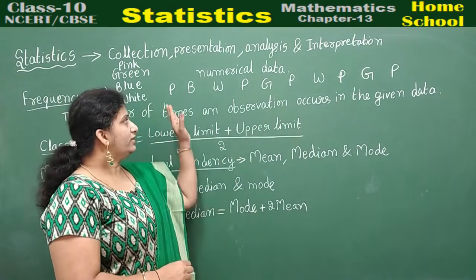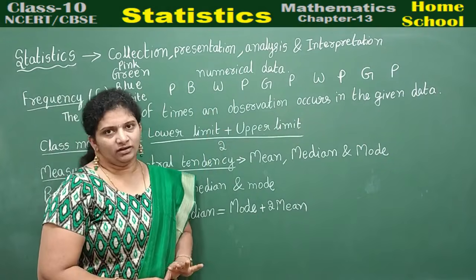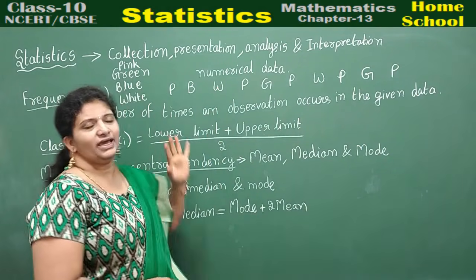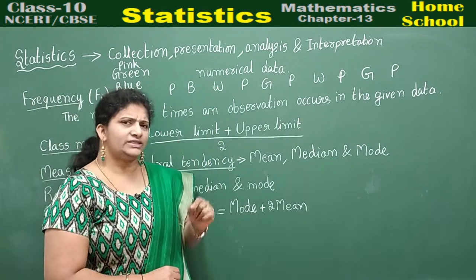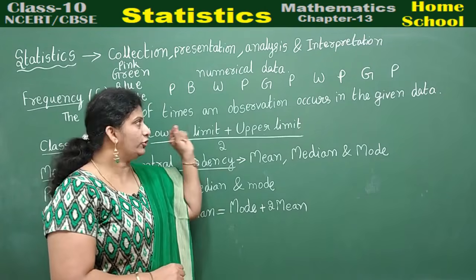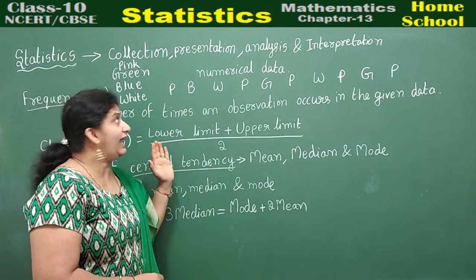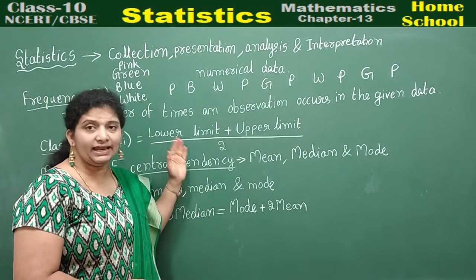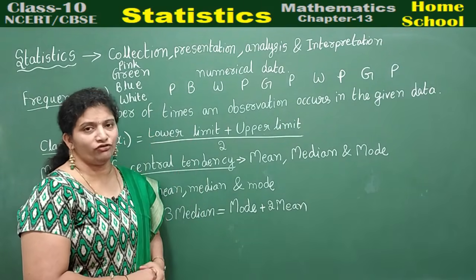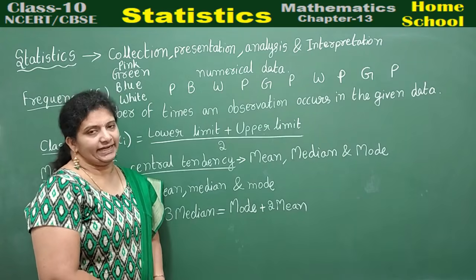So 10 children came here and they picked from 4 colors. Whichever color they like, they are going to pick one balloon. What is statistics? It is the collection, presentation, analysis and interpretation of numerical data.